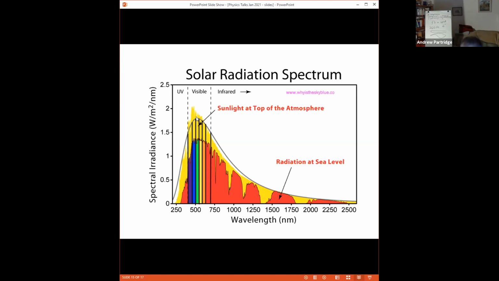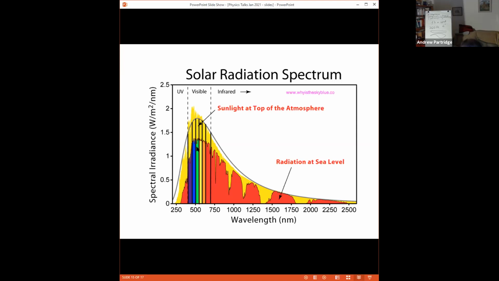The hotter the thing is, the shorter the wavelength of the peak radiation. So this is the shape of what they call the spectrum that the sun gives out. Most of the energy that the sun pushes out is in what's known as the visible band, the part of the spectrum that we can actually see with our eyes.